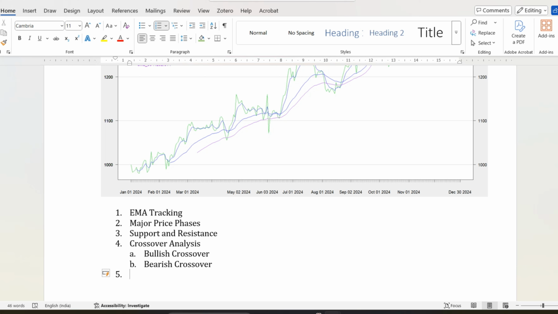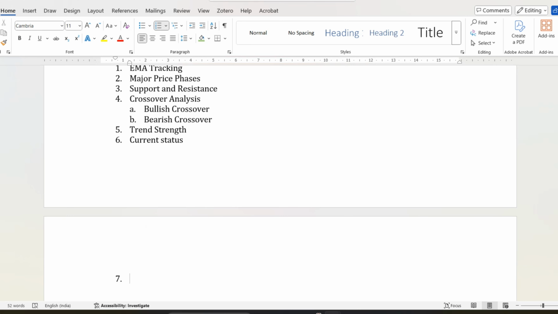Then next one will be trend strength: when the trend was stronger, when the trend was weaker, in which month and all that we are going to track. Next one, current status, whether it is in recovery or whether it is in consolidation, that status we are going to track.